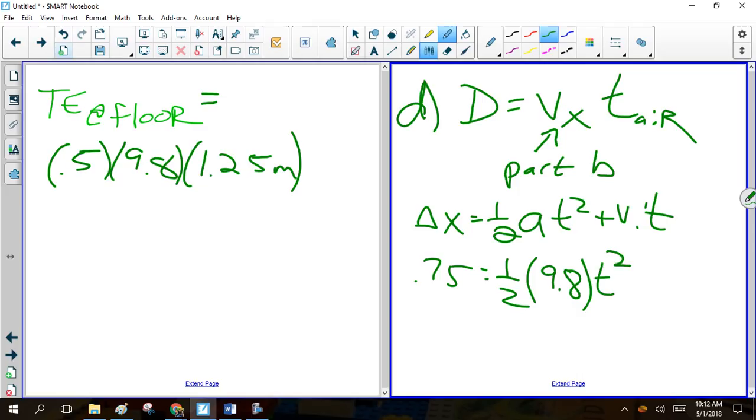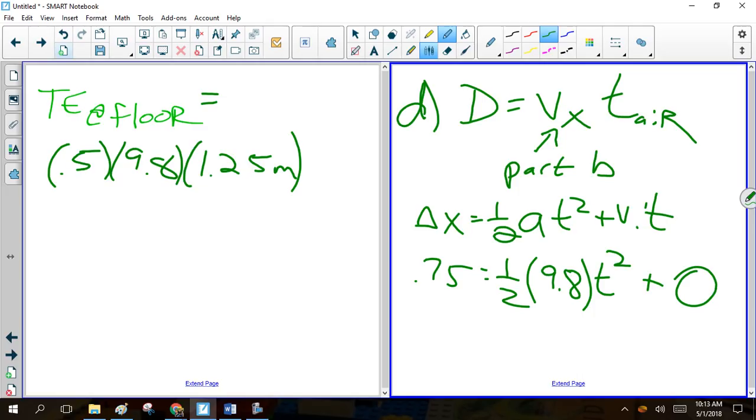T squared plus vi is 0, right? Because vertically, there is no initial velocity. So solve for your time and then multiply by the velocity you found in part B. Follow? Yeah. Cool. All right, and then part E was just, you had to kind of select some things here.